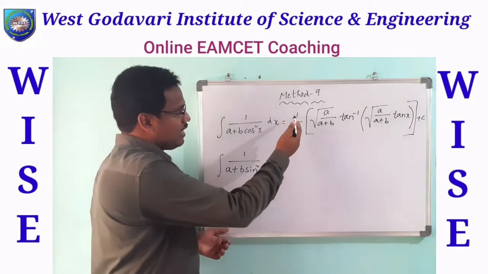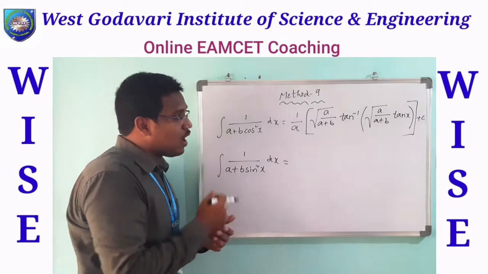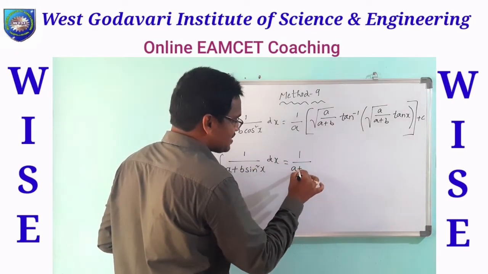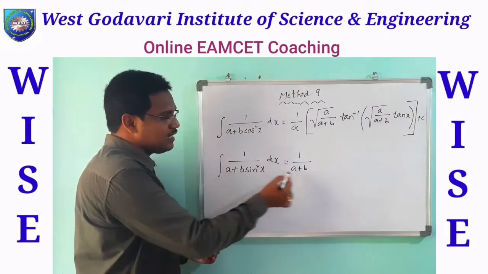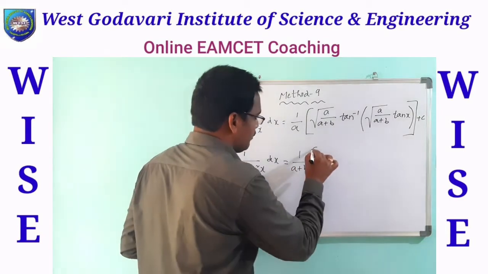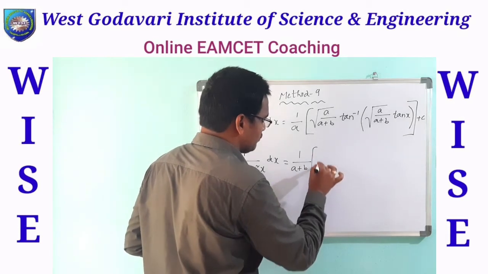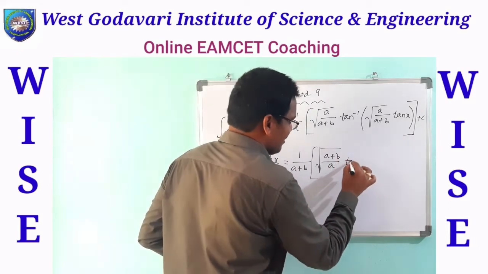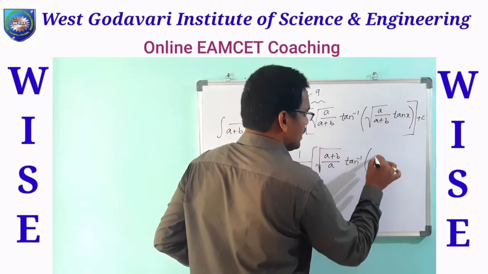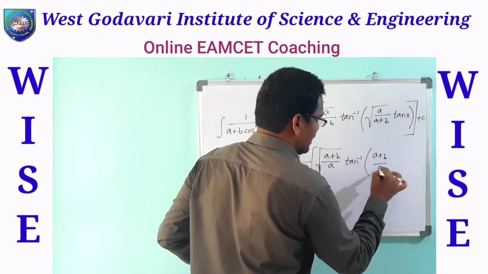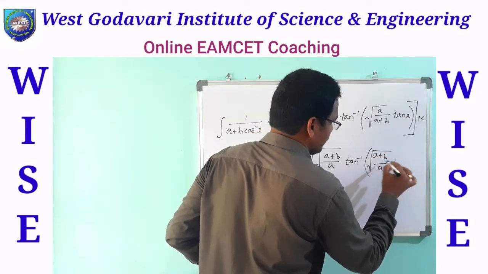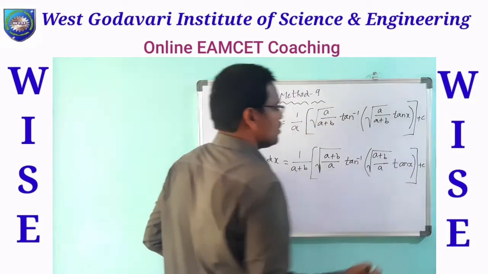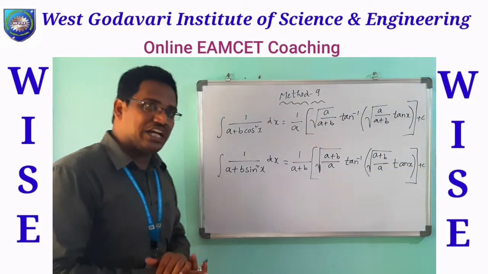So here we are doing 1 by a plus b, the total, in the first term, square root of a plus b by a tan inverse square root of a plus b by a tan x plus c. So these are the results for these two integrations.